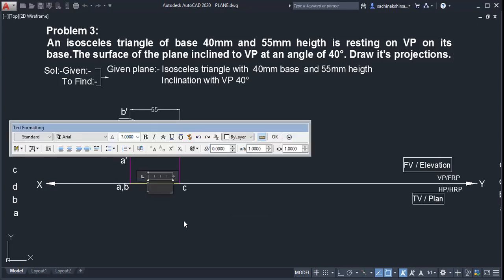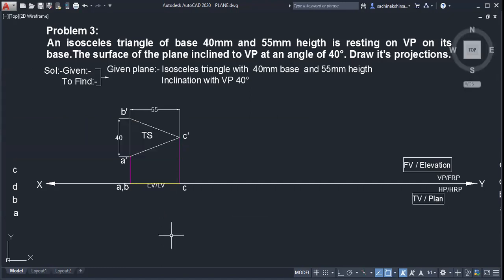Here I will mention it is EV or line view of this. Up to this, please complete this. Every problem will start with true shape. One of the views is the true shape, and another view is the line view or edge view.